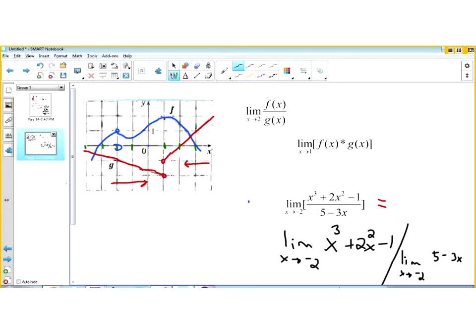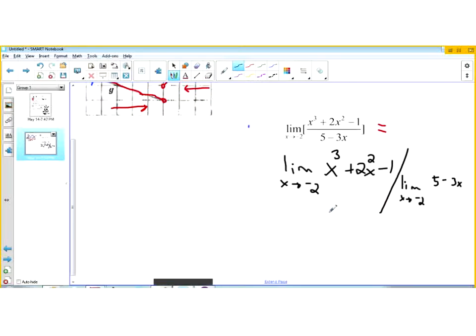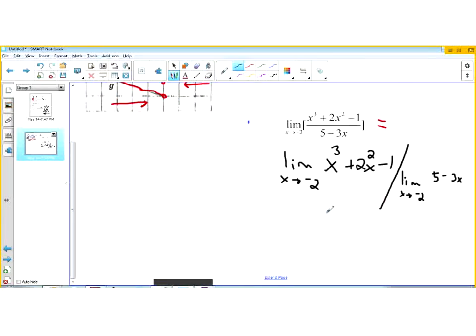Now let me clue you in on something here. Since the numerator and denominator are both polynomials, there's a technique that I mentioned briefly in class last time called the direct substitution rule, and limits of polynomials can be evaluated merely by plugging in the a value. This is the a value. Just simply plug in the a value into the polynomial, and that will be your limit.